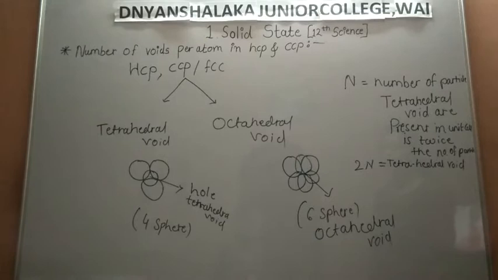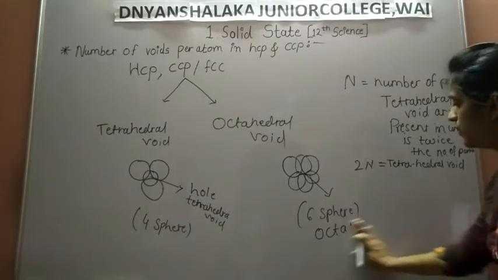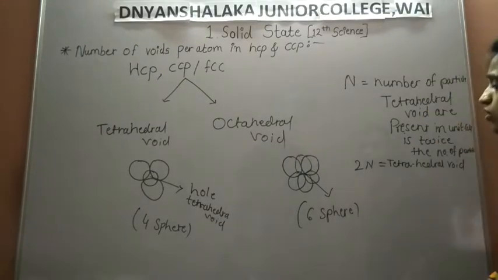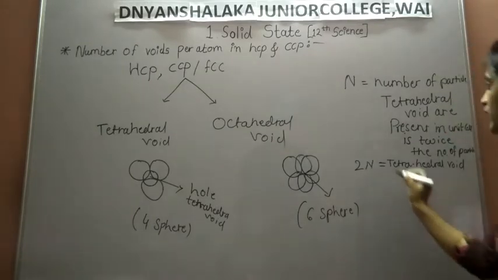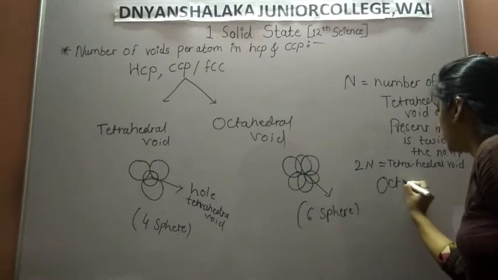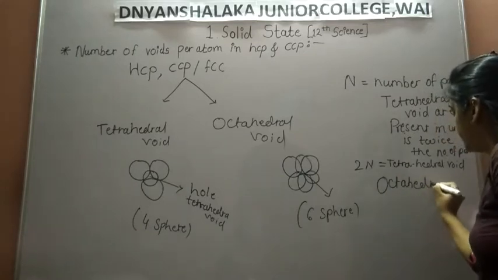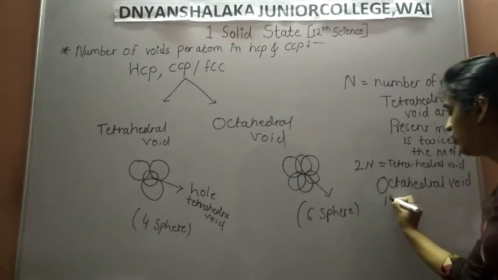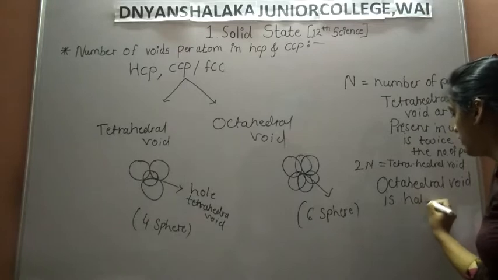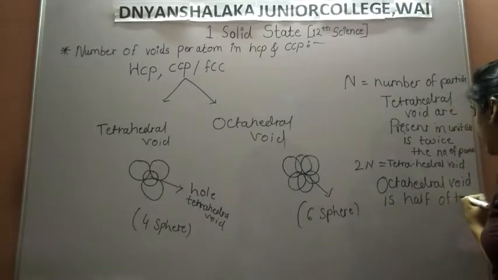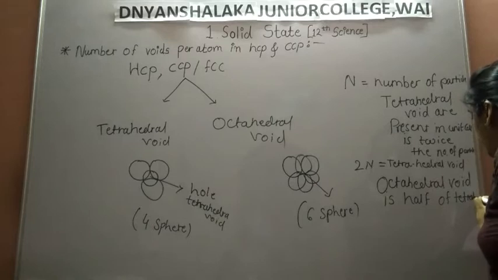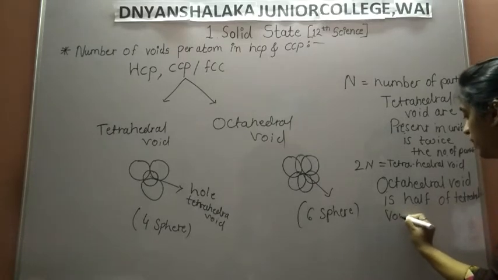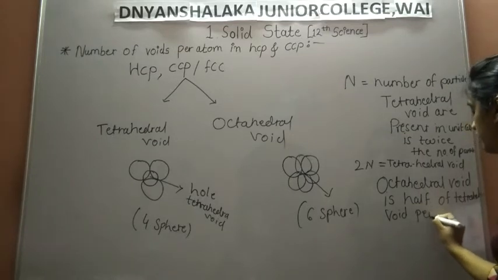Next we see the number of octahedral voids. The number of octahedral voids is half of the tetrahedral voids per unit cell.